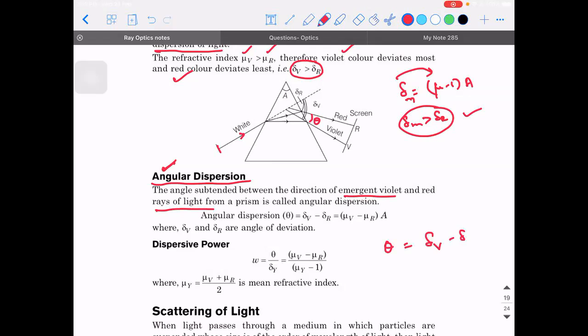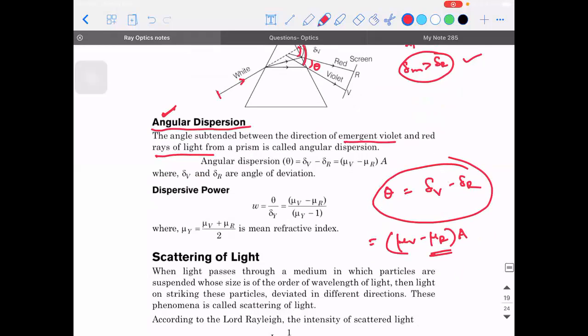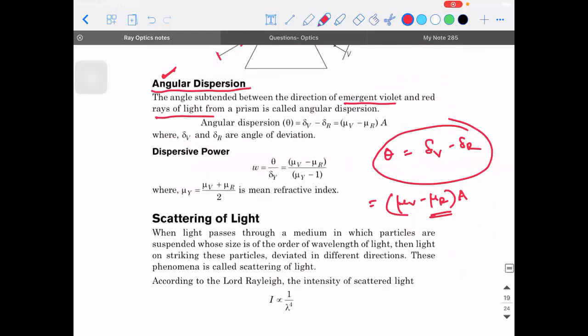It is delta V minus delta R, where delta V is this whole thing, delta R is this whole thing. So make a note of this formula. Or this can also be written as (mu V minus mu R) multiplied with A. Guys, make a note of this formula, okay?